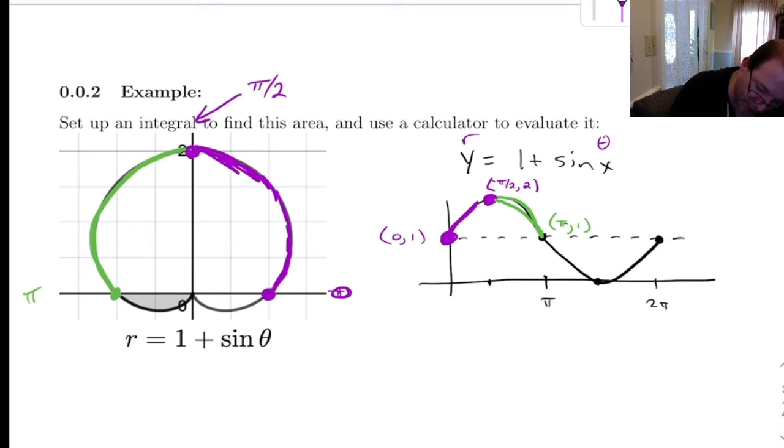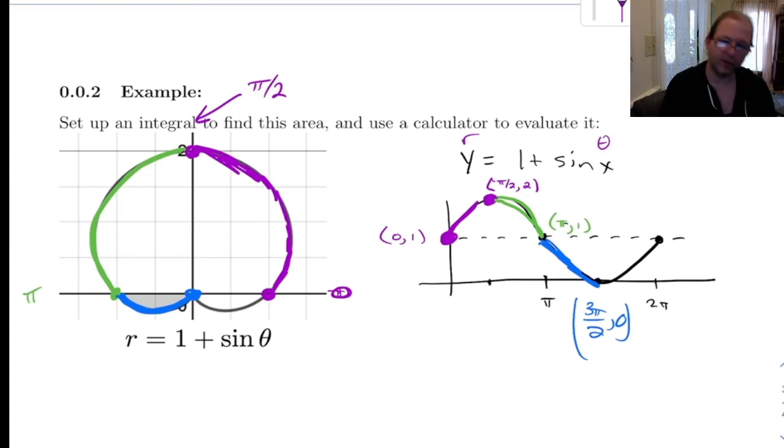This is where we go from (pi, 1) down to, let me do that in a color, down to here, which is, what is this, 3 pi over 2? And the y coordinate there is 0. So that's this bit right here. So it's that blue bit that we want to integrate along.